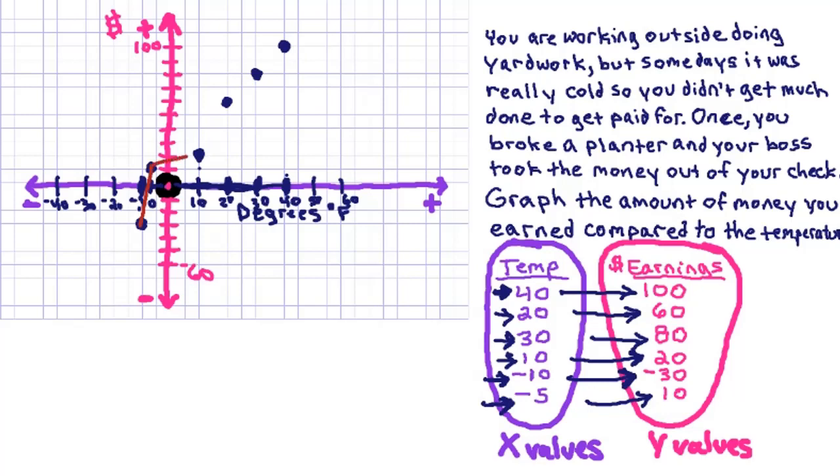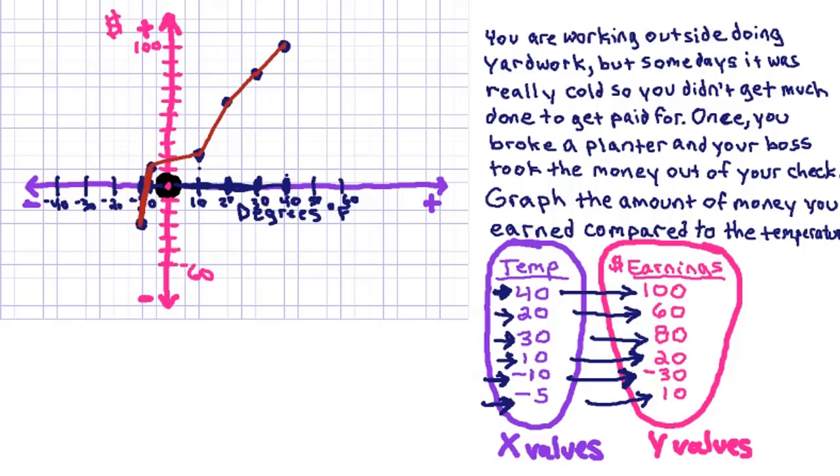You would go over to the $20 at 10 degrees, up to the 20 degrees and $60, up to the 30 degrees and $80, and up to the 40 degrees and $100. So this is what your graph is going to look like.